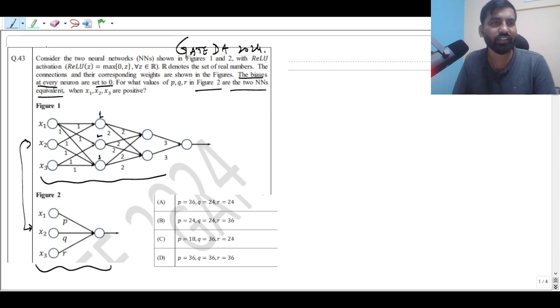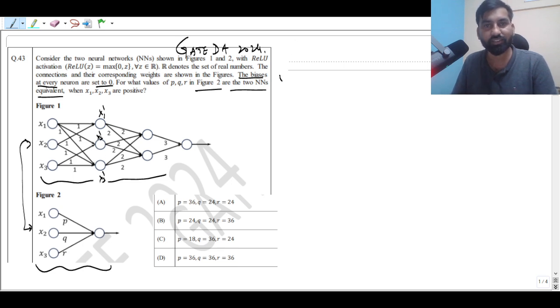And suppose this is input x1. You can take anything, you can say this is x1 dash, x2 dash, and x3 dash, just so that we can write in terms of x1 dash, x2 dash.